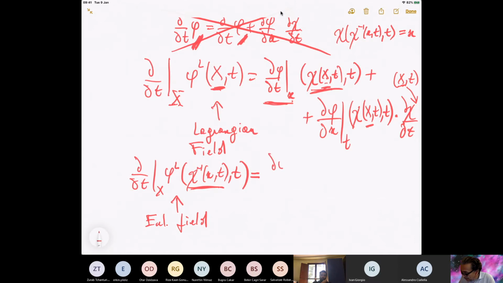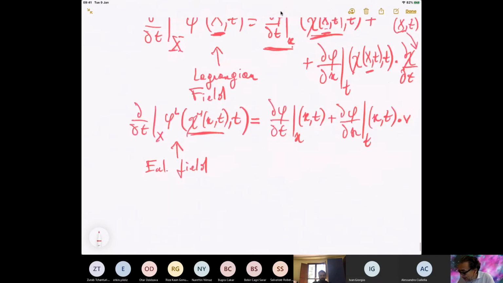So you have d phi over dt in small x, function of small x and t, plus, similarly, d phi over dx, calculated in small x and t, dot, here we have the Eulerian velocity field, which we defined before. And this is also an Eulerian field.